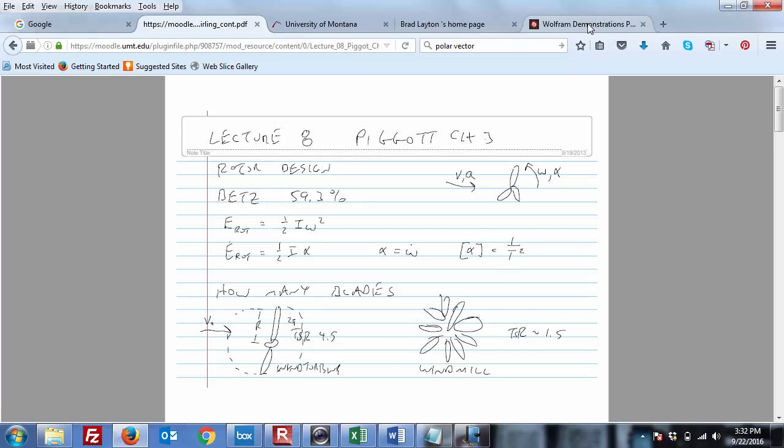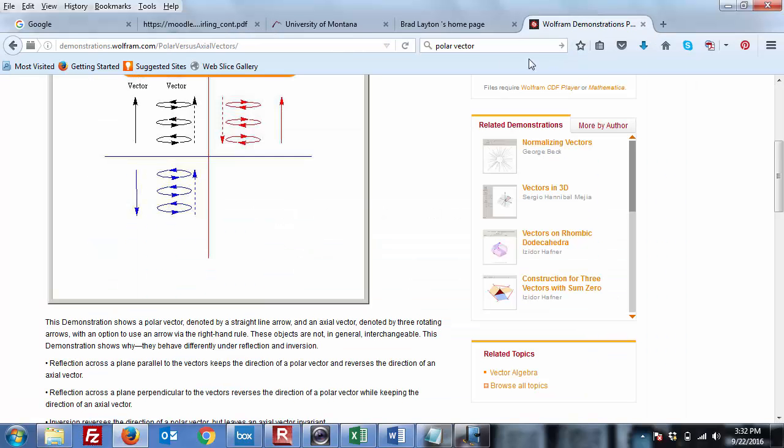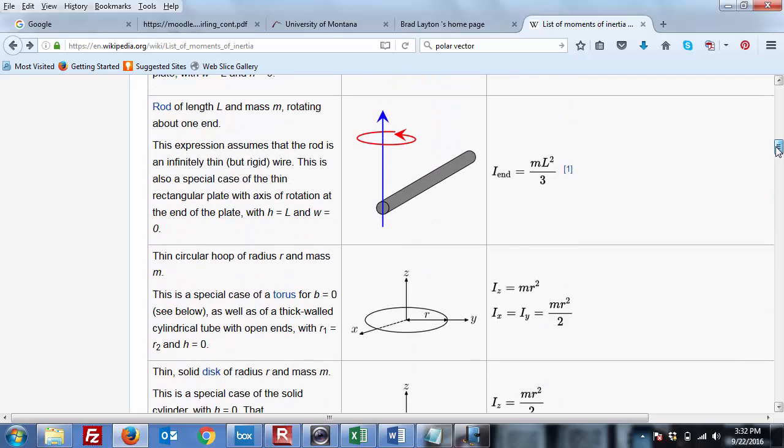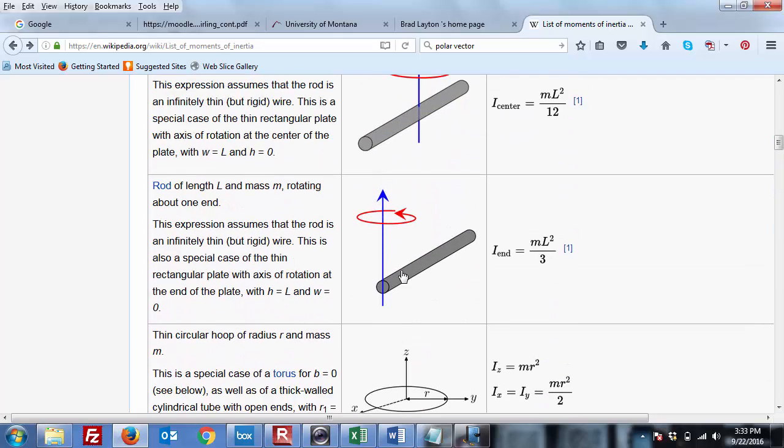You can go out and look up the moments of inertia. This one in particular is the moment of inertia of a single wind turbine blade.